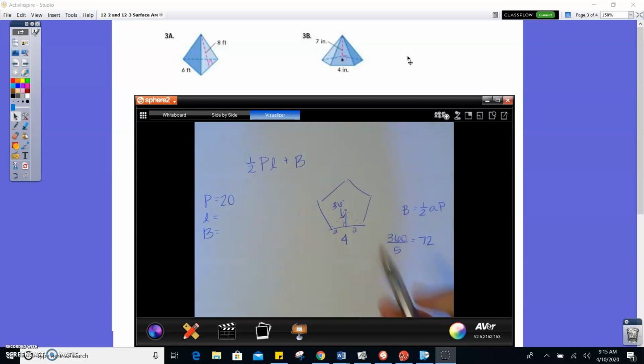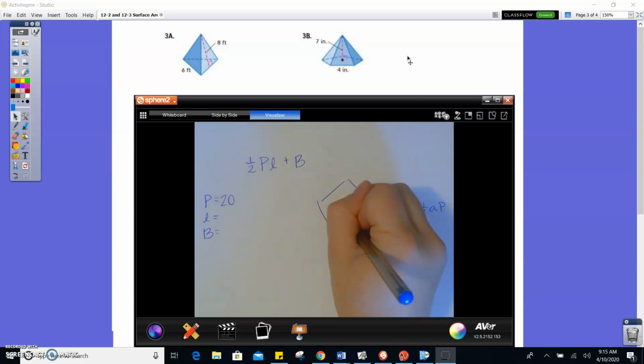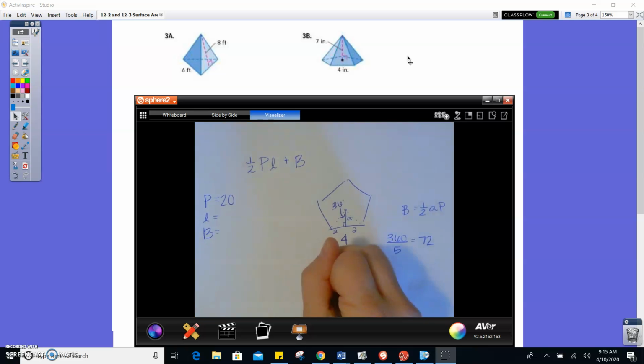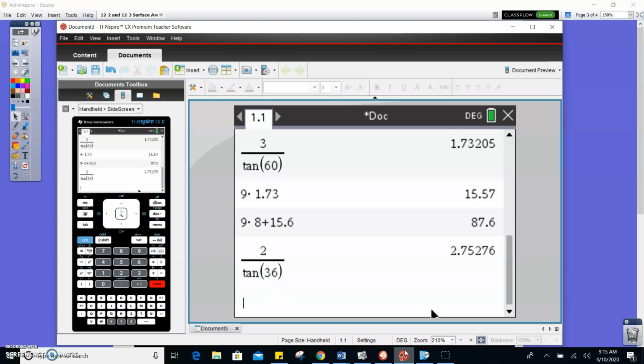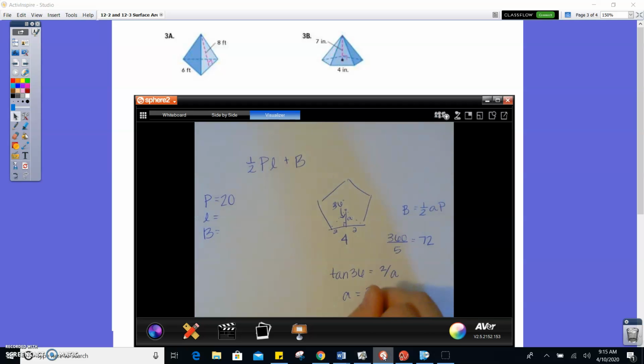So just like that previous example, I have my opposite side, but I'm looking for my apothem, which is the adjacent. So tangent of 36 is equal to the opposite side, which is 2, divided by the apothem. So to find our apothem, it would be 2 divided by tangent of 36. So I will take that into the calculator. 2 divided by tangent of 36 gives us a value of 2.75, which is the length of our apothem.